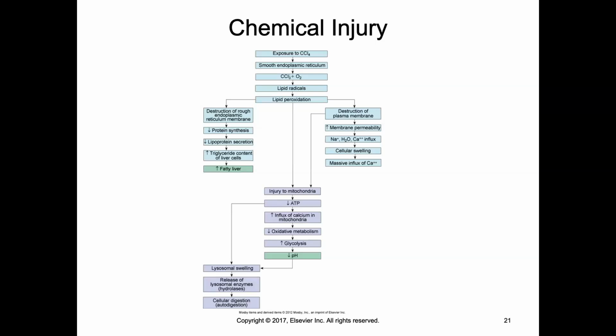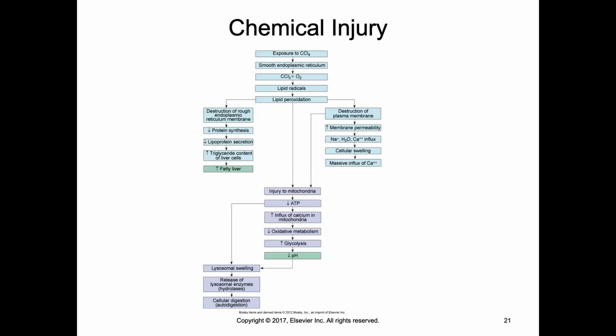On the right-hand side, destruction of the plasma membrane leads to permeability and an influx of sodium, water, and calcium. The cell swells, and you have a massive influx of calcium as well.